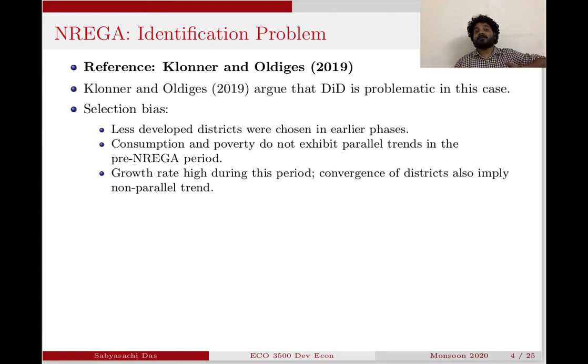So that was the parallel trend assumption. The authors of this paper point out that, first of all, less developed districts were chosen in the earlier phases. So this phasing of the program was done in a specific way. The government first chose the less developed districts to introduce it, because they thought this would have the maximum impact, so might as well start there early.